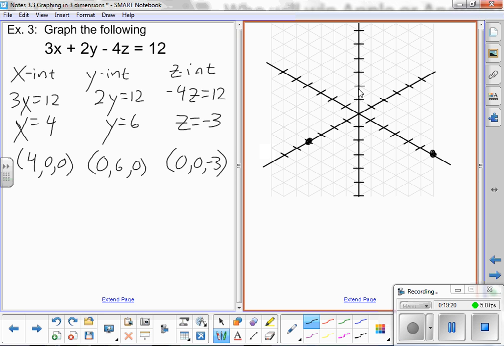Z-intercept is negative 3. So this is my z-axis. Negatives go down. So 1, 2, 3. There's your third point. Now it's just a matter of connecting your points. Make your triangle. And then shade it in. And that's how you plot points and graph planes in a 3-dimensional plane.